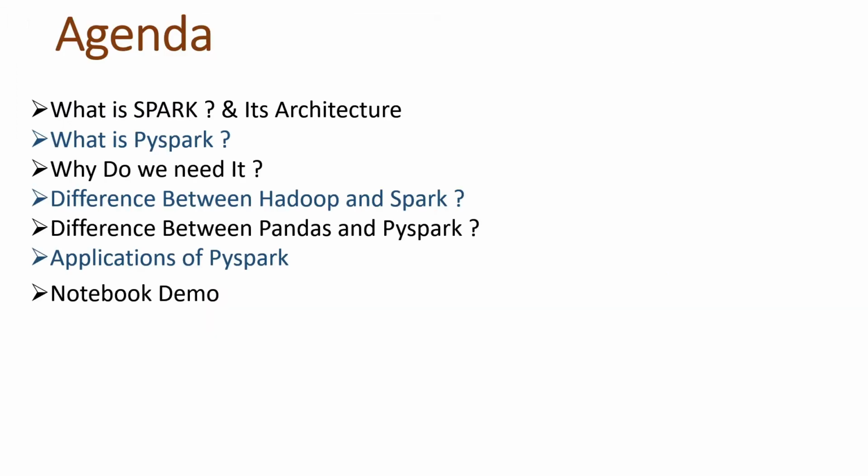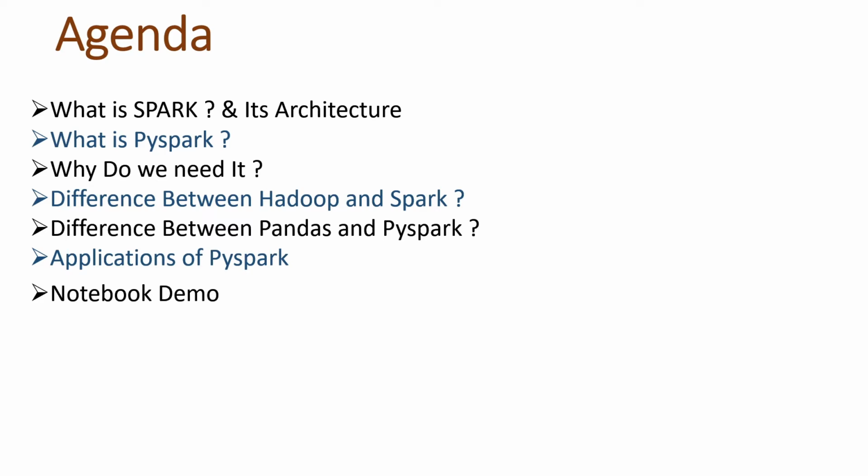Let's begin with today's agenda. What is Spark and its architecture? We'll look into it. What is PySpark? That is the interface of Apache Spark in Python. Why do we need it? Difference between Hadoop and Spark, and can we even compare Hadoop and Spark? Is it a valid comparison?